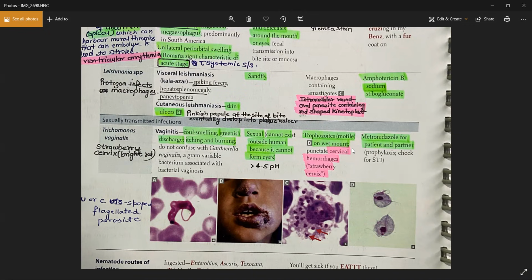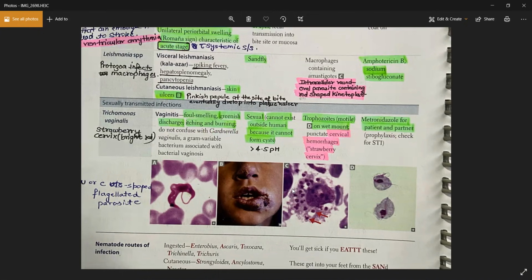KOH preparation for Candida, KOH preparation for Gardnerella vaginalis, and wet mount for the trophozoites. For treatment, you give metronidazole to both partners, the patient and the partner. Very important. Any doubt for Trichomonas vaginalis?